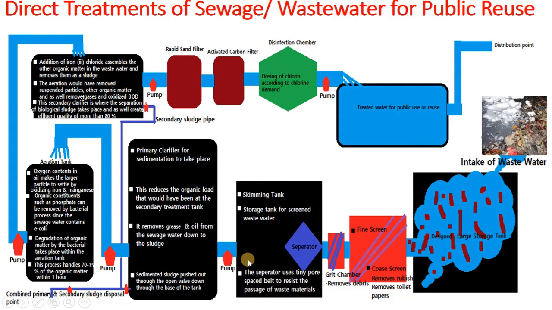After this skimming tank, the water will move into the primary clarifier for sedimentation to take place. The primary clarifier reduces the organic load that would otherwise have moved to the aeration tank or secondary treatment tank.